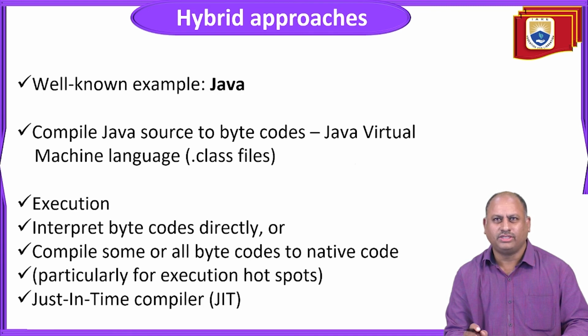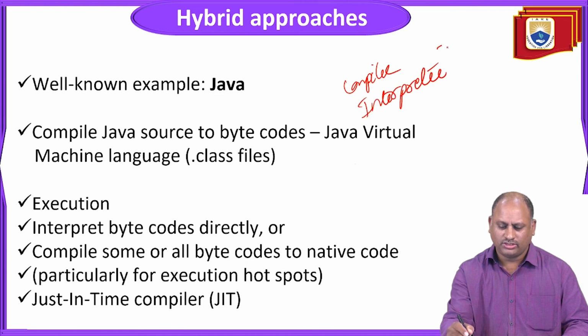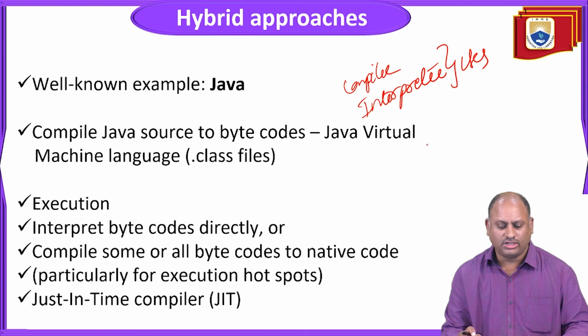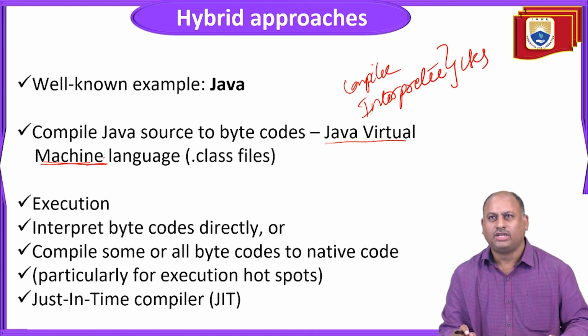Because for compilation and execution, it uses both the compiler and the interpreter. That's why it is called a hybrid approach. Internally there is the Java virtual machine, which we already know as part of Java.